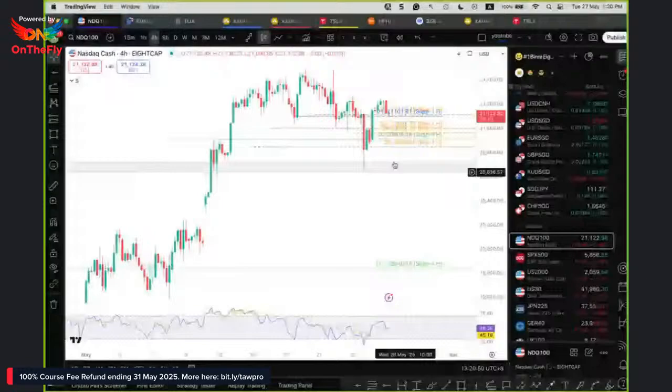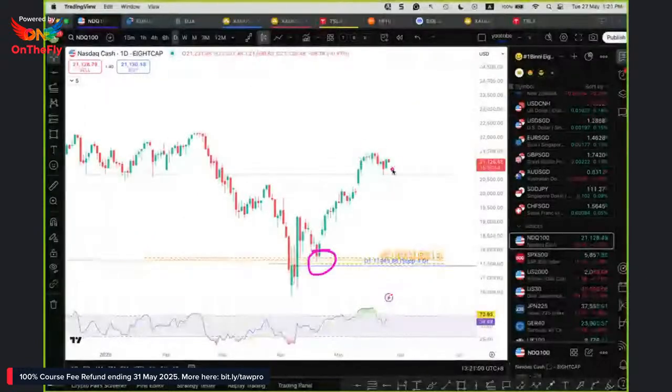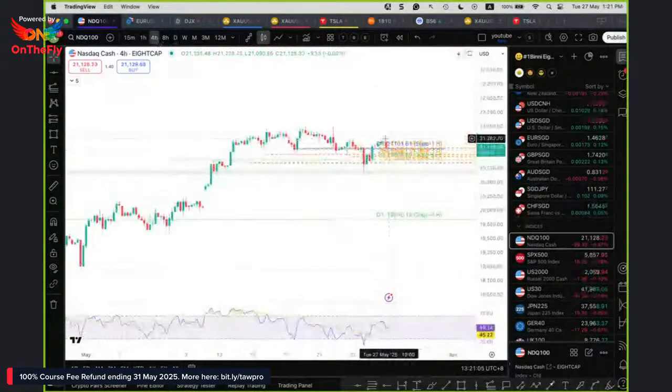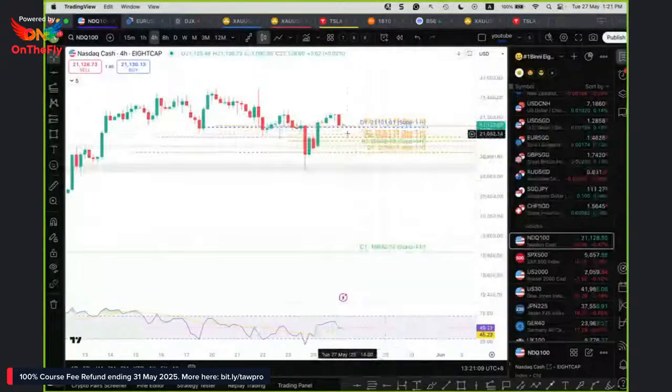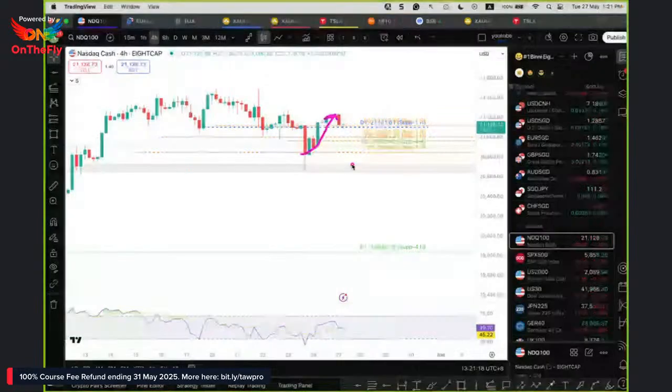Okay. If you are looking at this level here, is there a signal that happened? The answer is yes. We had already a bullish signal to long. So not the lower level, but it's still a long signal because there's already a close above the orange zone.